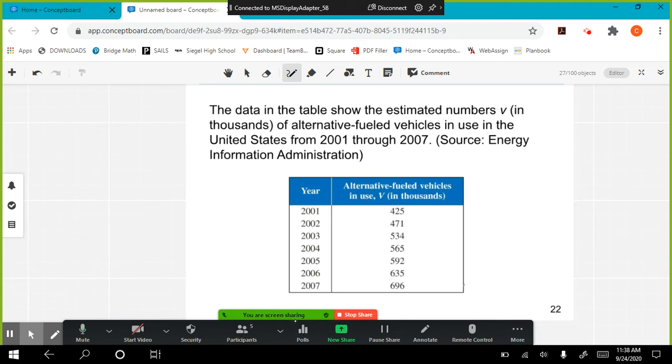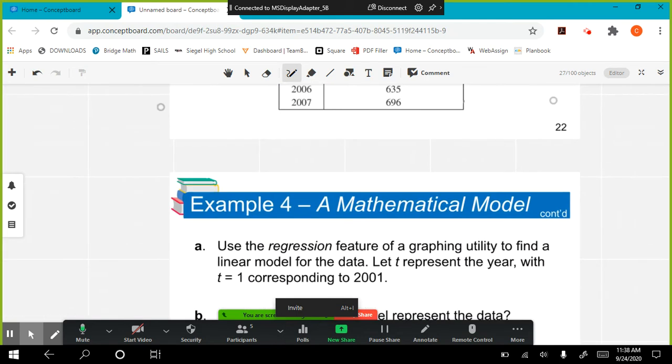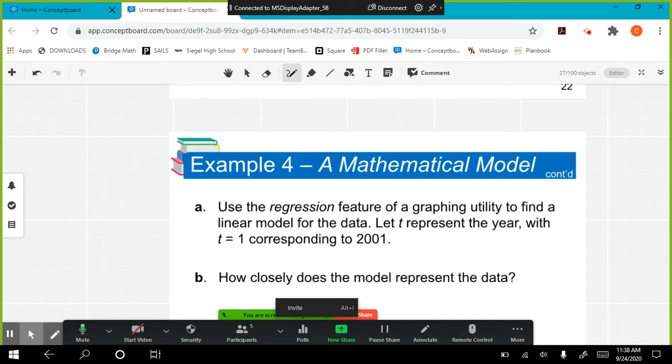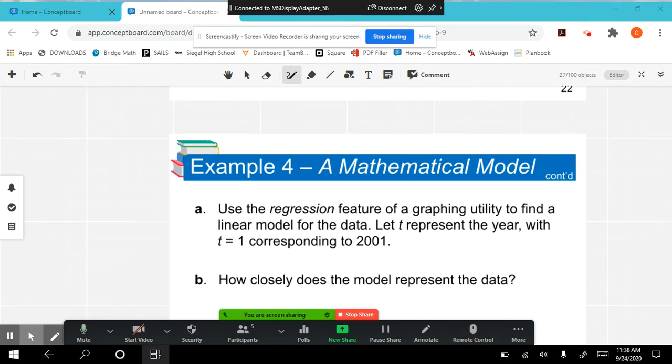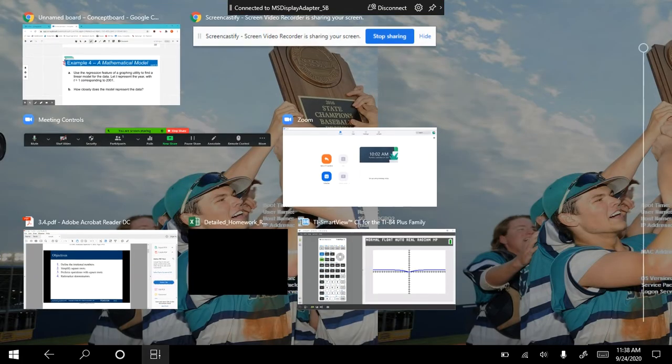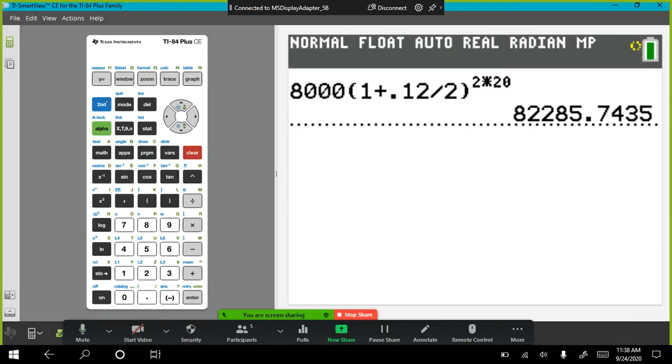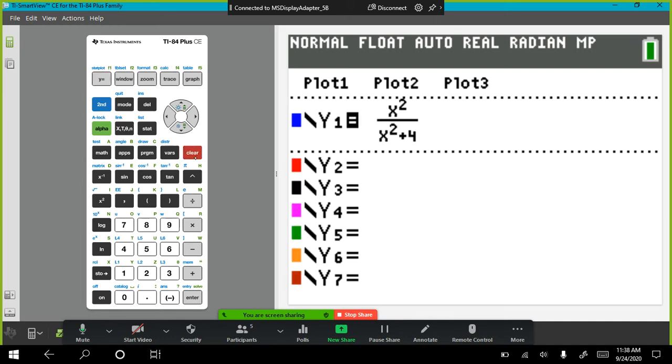All right, I need to take a picture of that so I have the information. So here's what we do on our calculator when we have that data. Here's the important part. I need to clear this out, and it's been a while since I've done this, so hopefully I can remember all the steps.